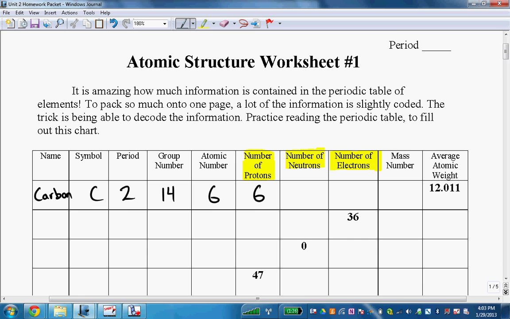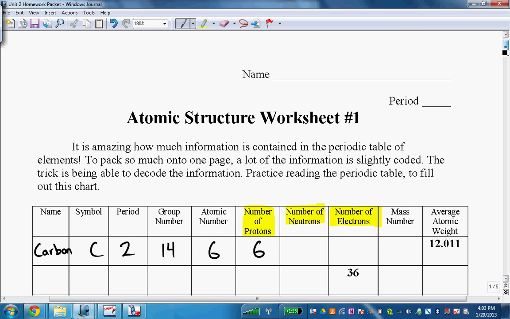The next 3 columns are a little trickier. On this particular worksheet, we're going to make 2 assumptions. We're going to assume that there are no ions. That means no atoms with a charge. So if I have 6 positive protons, I better have 6 negative electrons as well.